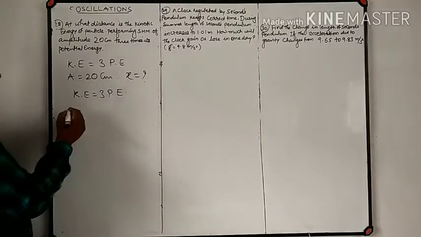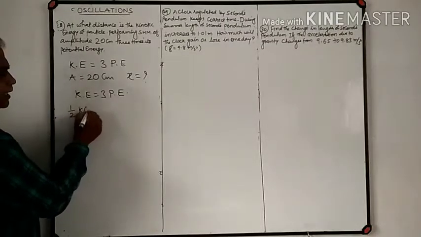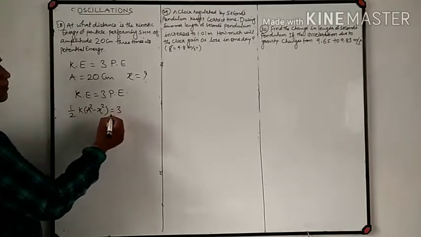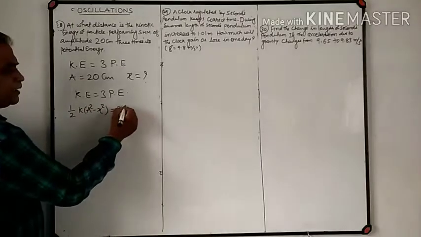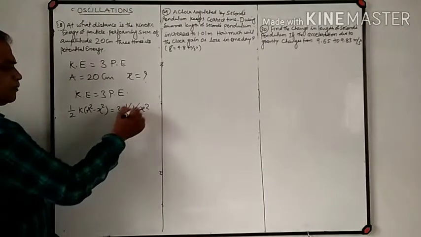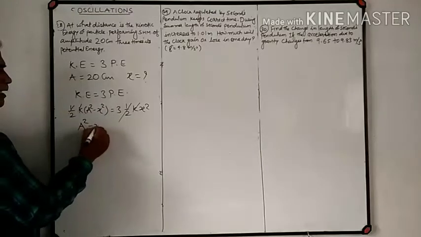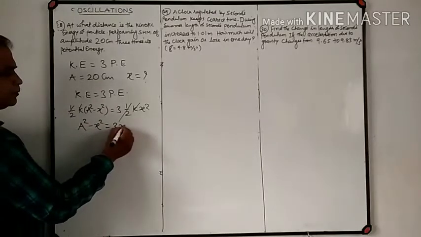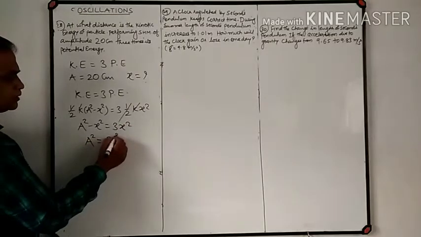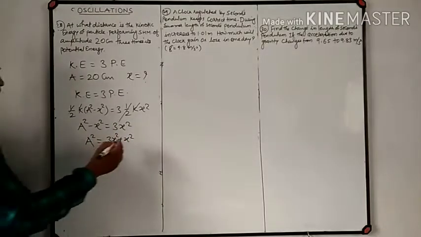What is the formula for kinetic energy? It is half k into a square minus x square, and 3 times the potential energy, which is half of k into x square. So the 1 by 2 k on both sides get cancelled, and we have a square minus x square is equal to 3x square, or a square is equal to 3x square plus x square, which is 4x square.